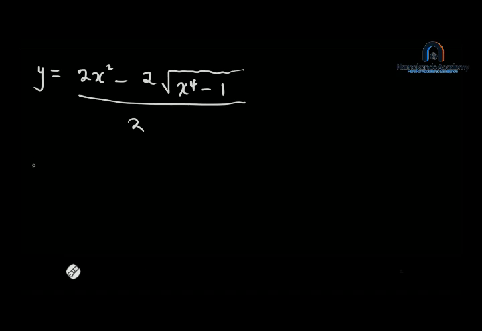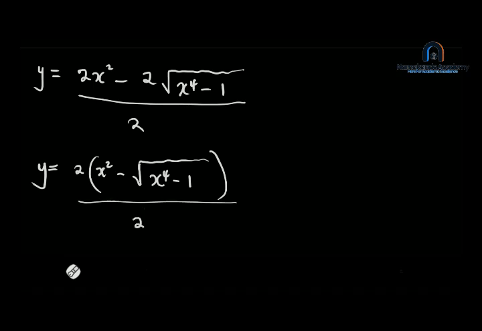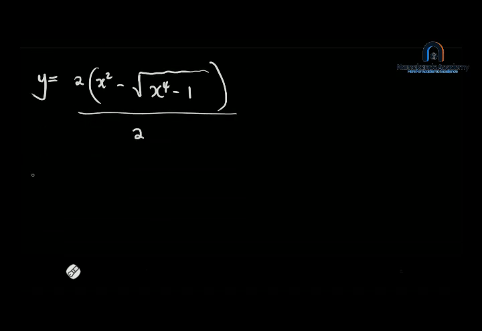From here, we'll have that our y will be equal to, we see that 2 is common, it will simply be factorized. Then inside brackets, you have x squared minus square root of x to the power 4 minus 1. Then we'll close. Then we divide by 2. From here, we notice y will be equal to, these 2 and that 2 cancel.